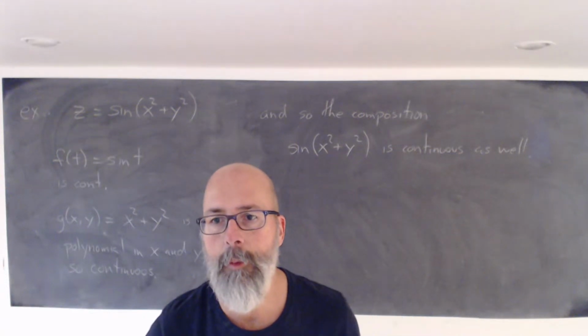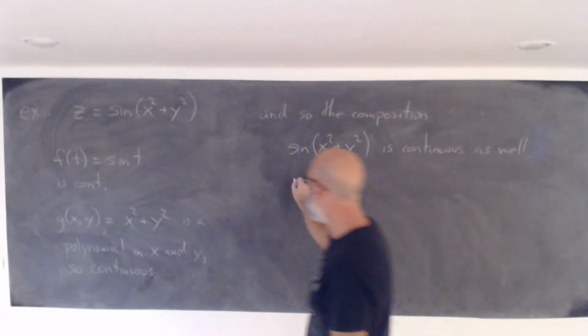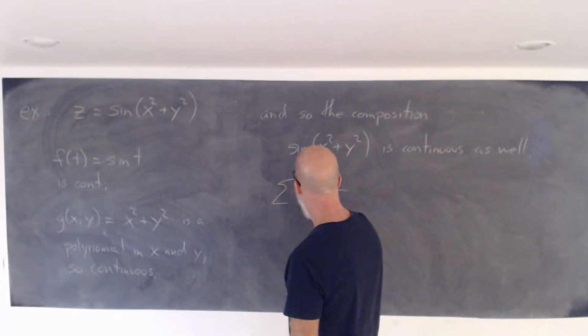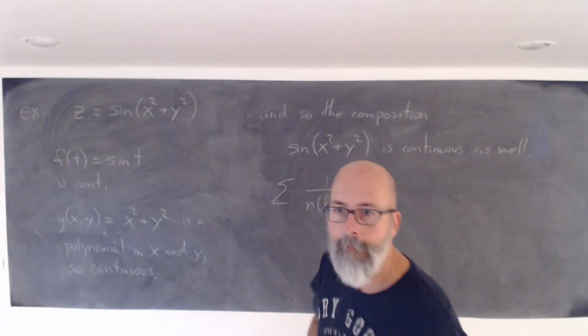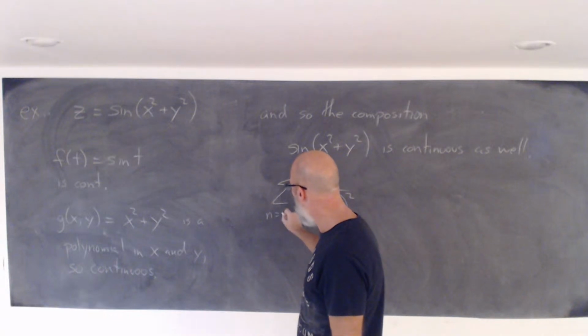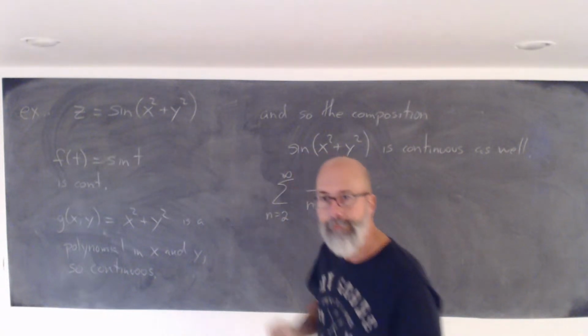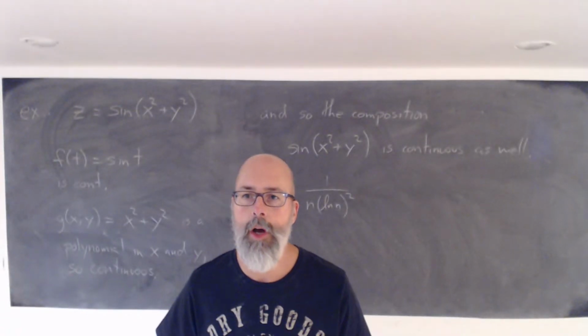Shen was asking from a previous question, the series 1 over n ln n squared, starting from 2 to infinity. Find the terms that give the sum to within 0.01.